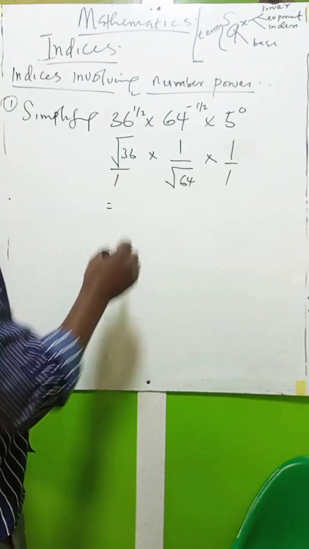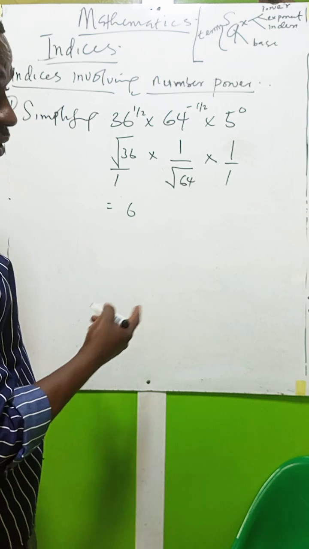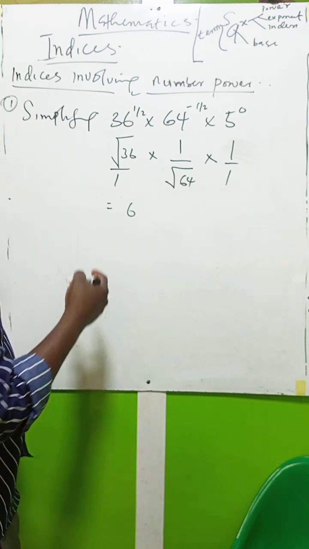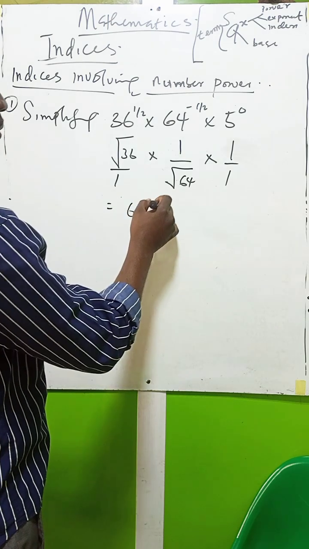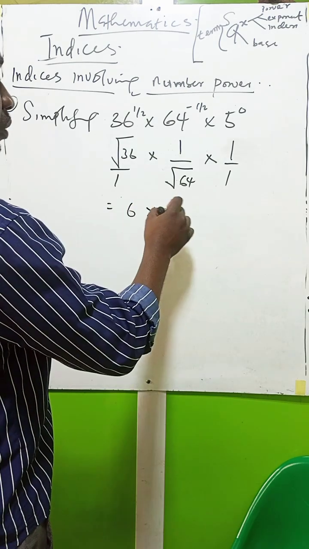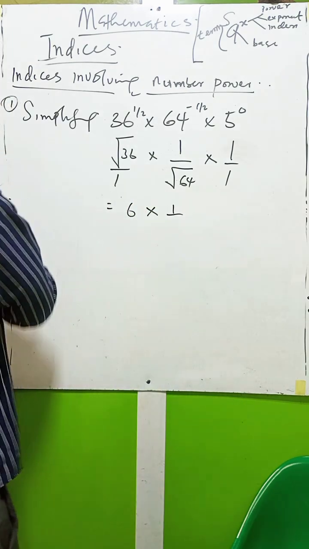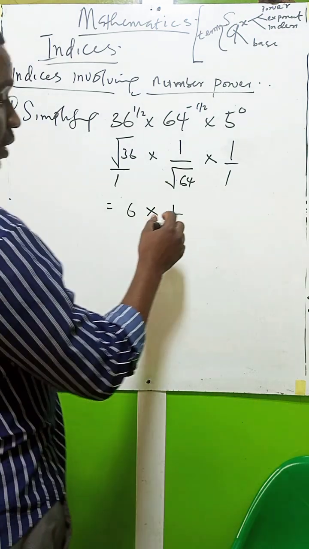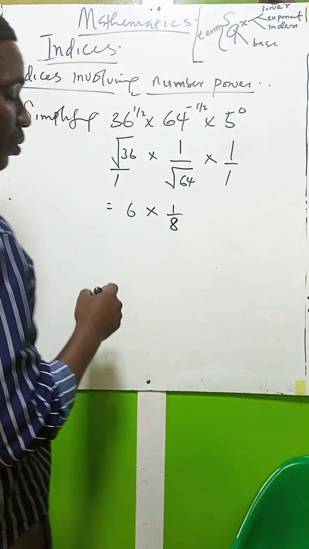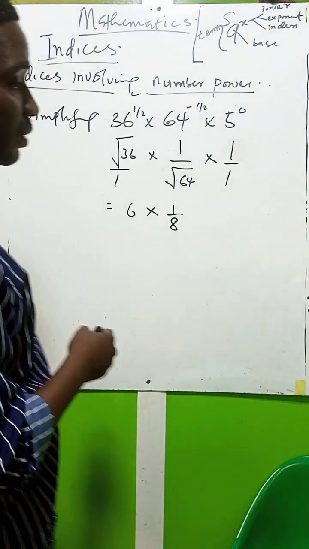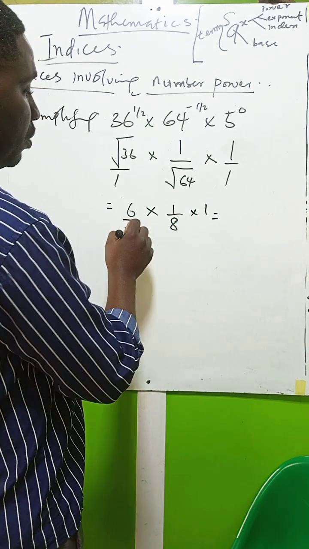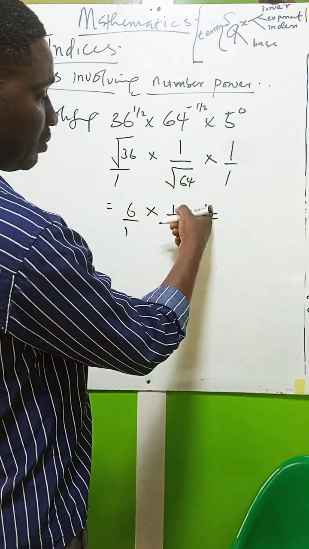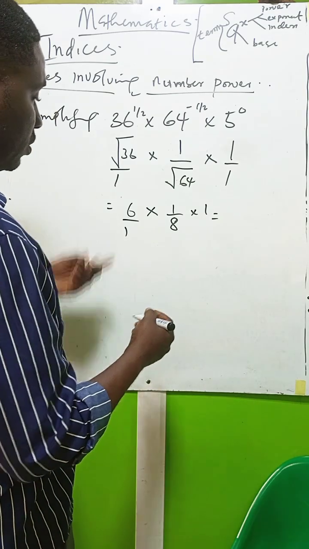Now root 36 is 6, because 6 times 6 is 36. That is 1 over root 64, which is 8. We can multiply out 6 times 1 times, or we can cut it.